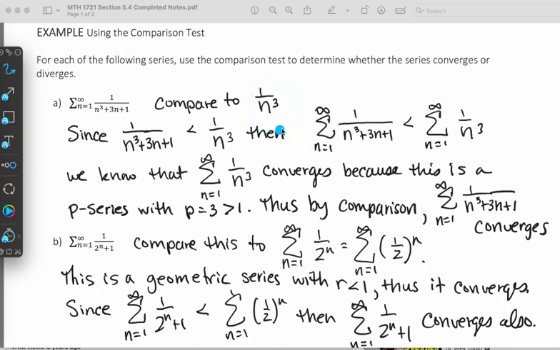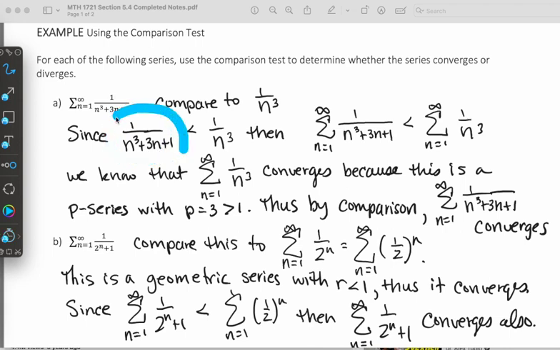I know that this converges because my value of P is greater than 1. I also know that this series is going to be less than 1 over n to the third, what we're going to compare it to, because when I look at the values of this denominator, I'm adding values to n to the third in the denominator, which makes this get bigger faster, which makes the whole fraction get smaller faster.